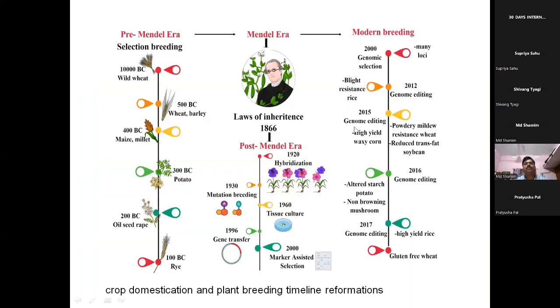So, as we know, in the pre-Mendelian era, selection of any superior plant was the basic method for crop improvement. And after the discovery of Mendel's law, again, sorry, sir. Sir, your voice is not clear.